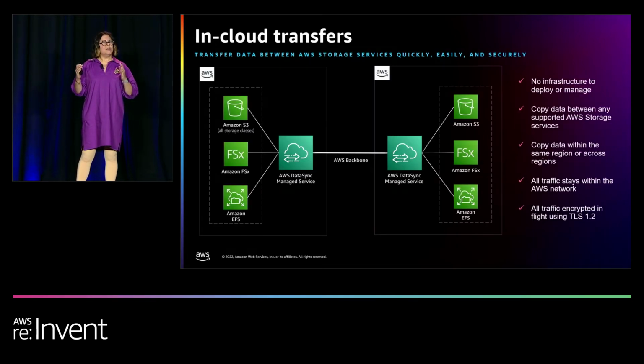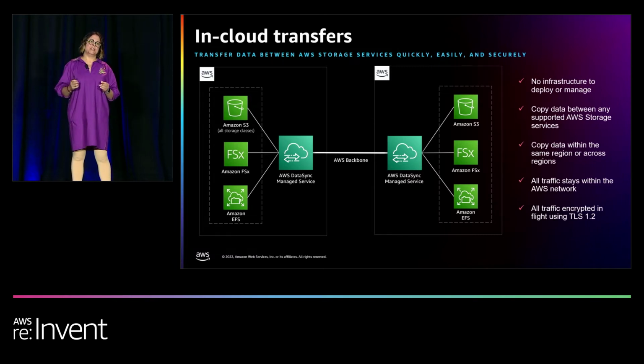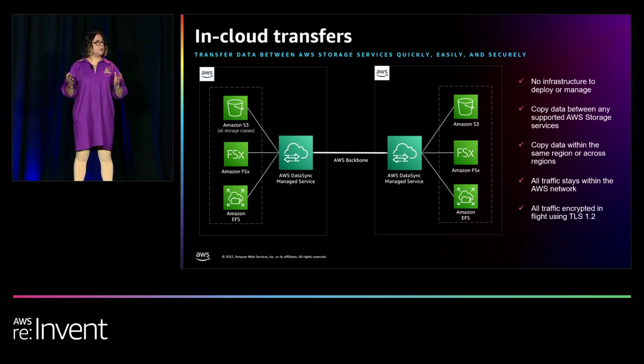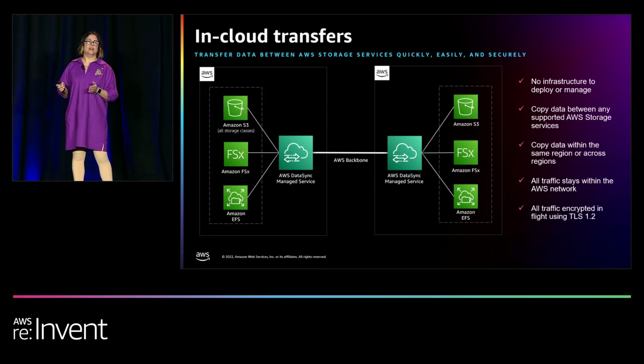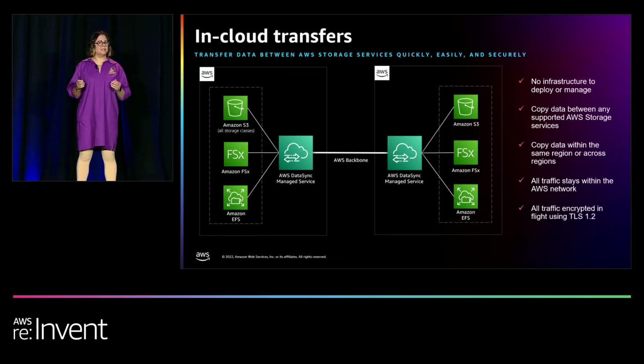And if you are moving your data from AWS storage services, so we talked about moving data between, for example, Elastic File System to Amazon S3 to archive it, you can use DataSync without having the need to deploy an agent.